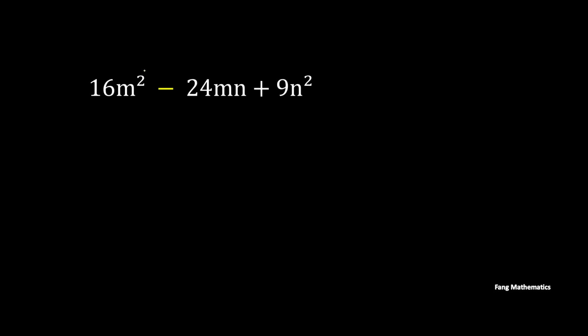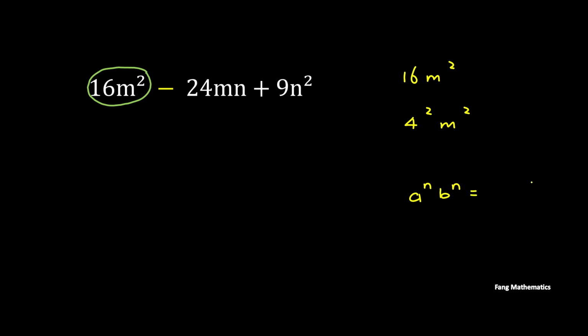So let's first look at the first term and the third term. We are to rewrite 16m squared in terms of something squared. 16m squared, we look at the 16, the number. We can rewrite 16 as 4 squared, m squared. Let's recall our product rule in exponent, a to the power of n multiplied by b to the power of n.